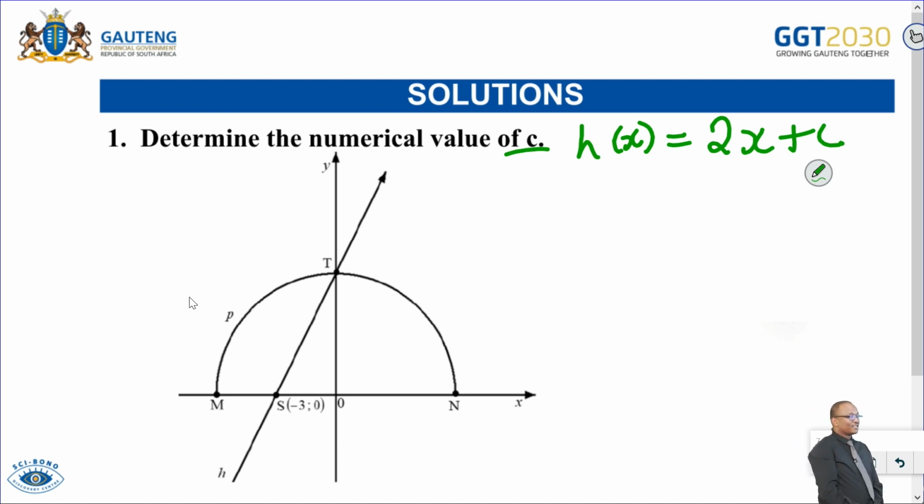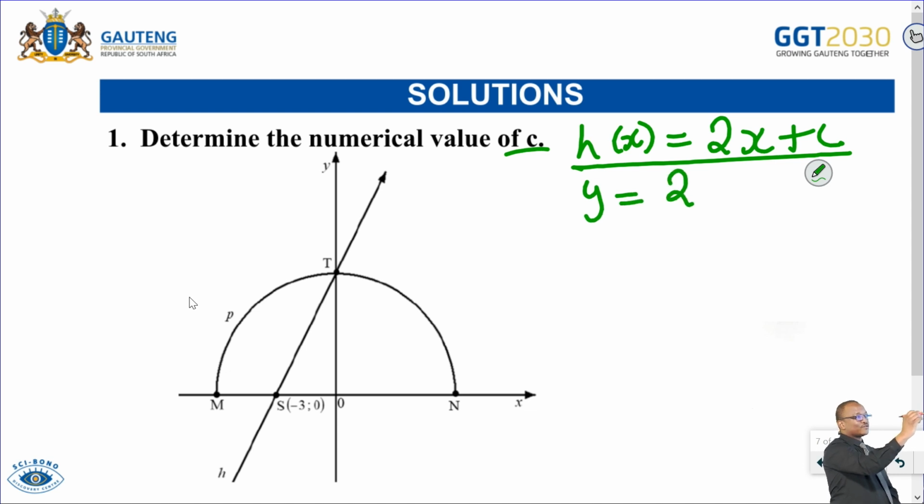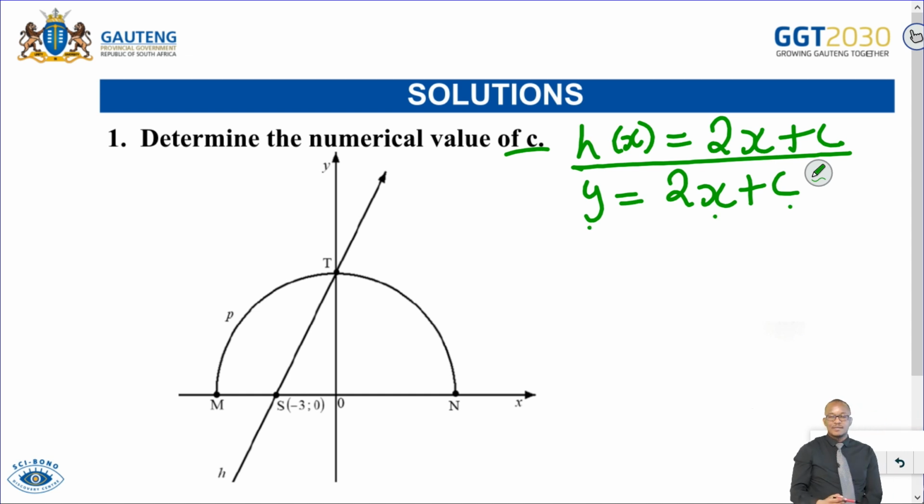We go to our straight line, and on the graph of a straight line, we have to look for one point that will help us to determine the value of C. Remember, I have three unknown variables when the equation is given like this. I explained that h of x can be written as y, and then we have 2x plus c. So in this case, you can see that I have three unknowns, which are y, x, and c. And we have to determine the value of c.